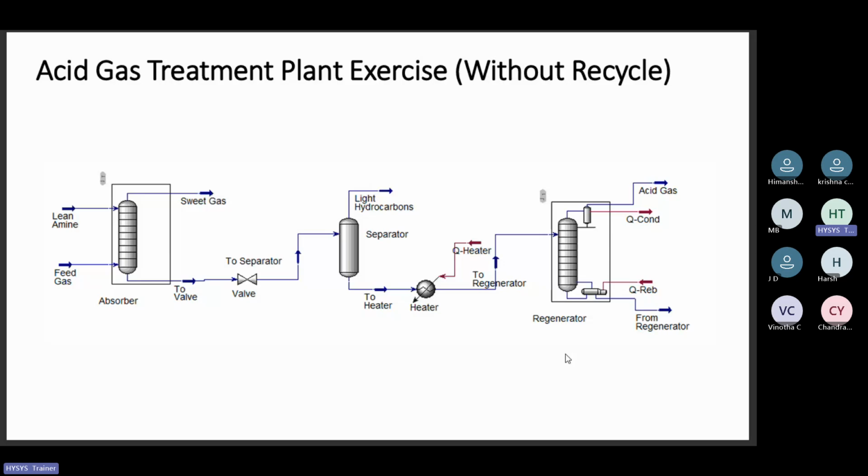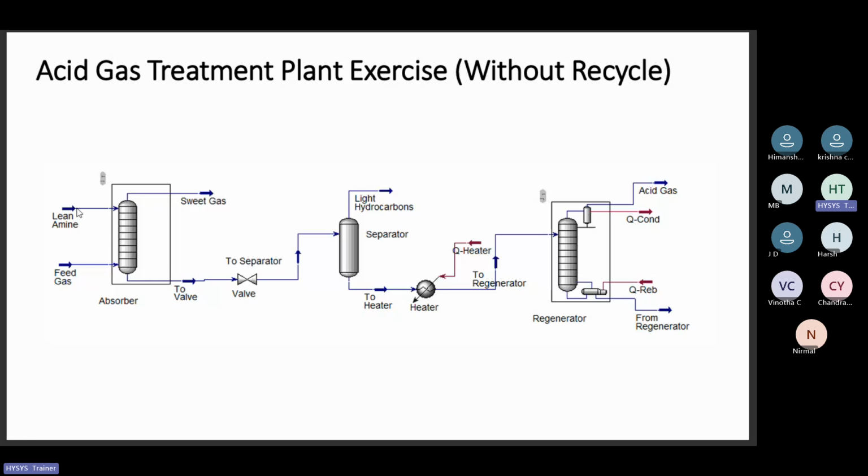So this is the flow sheet that we are going to solve in the first part of today's session. It is without recycle. You will see that there is an absorber first. Here you can see the absorber, which is given an input of lean amine and the feed gas, from which the sweet gas, or the gas which is almost free from acid gases, I will not say 100% free, but almost free, will be taken out from the top of this absorber.